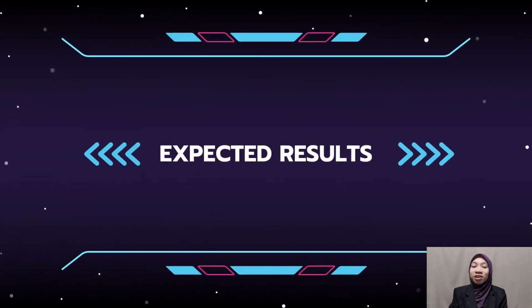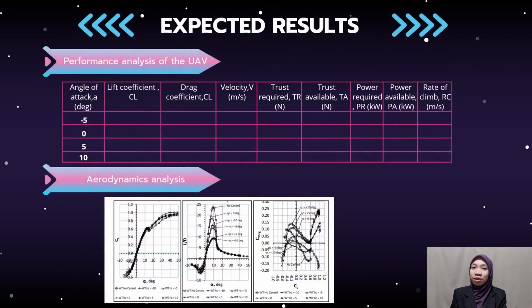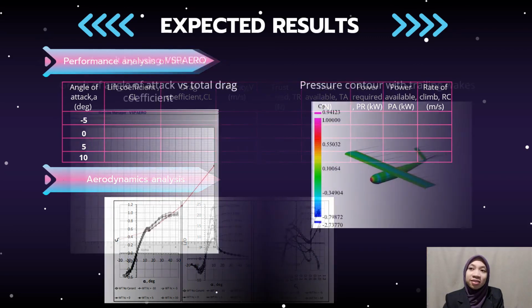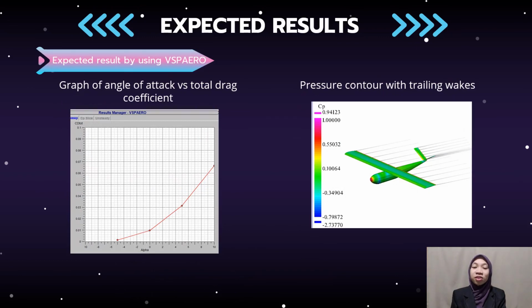So the next part is the expected result. From the slide, this table will be used to illustrate the performance analysis of the UAV, and the figure shows the expected result for the aerodynamic analysis. The next slide shows the expected result by using VSP Aero software.